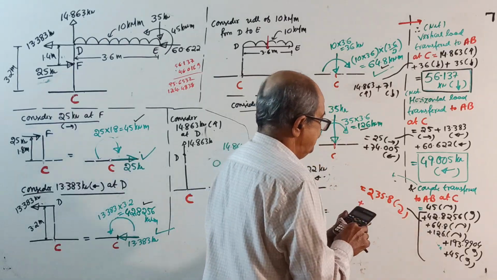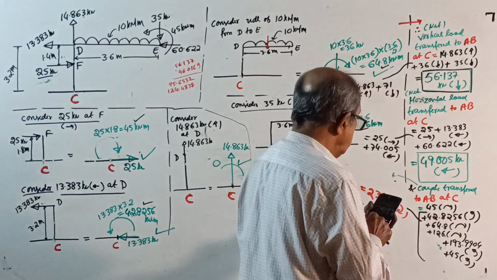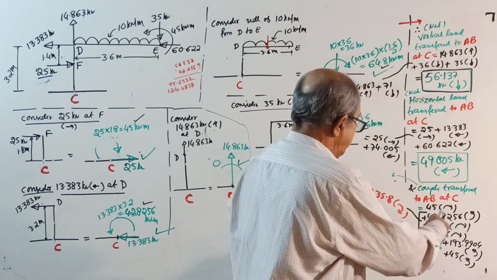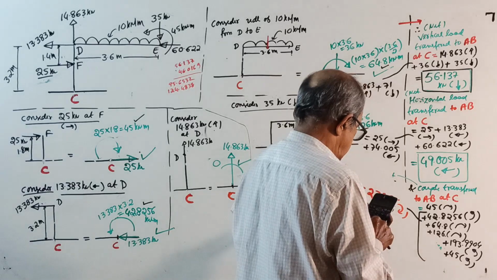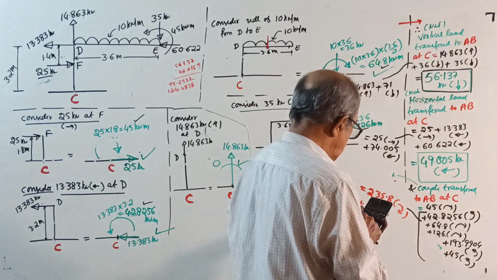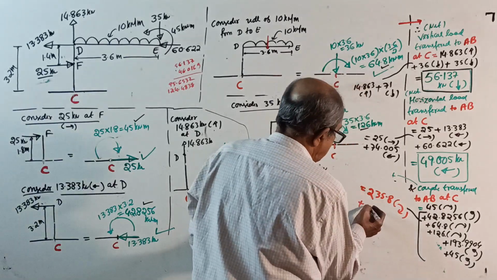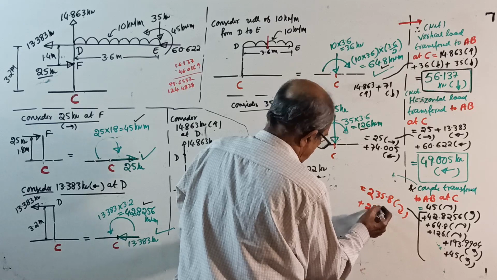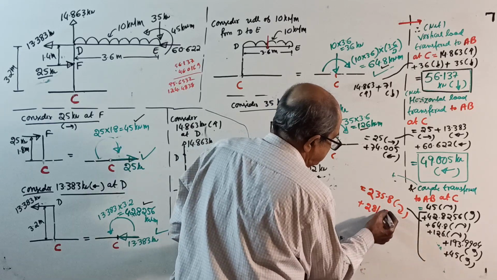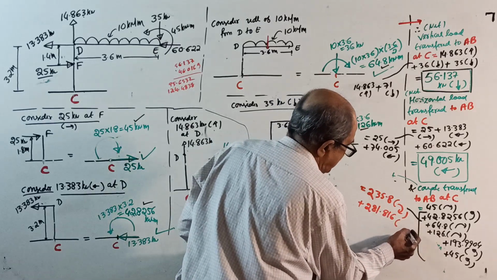And 42.8256 anti-clockwise and 193.9904 anti-clockwise, and also 45 anti-clockwise is 281.816 anti-clockwise.